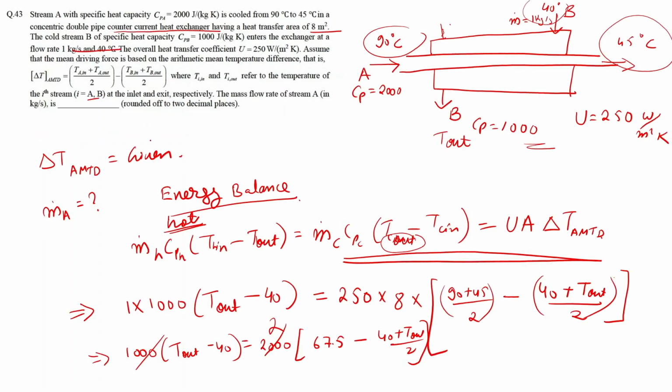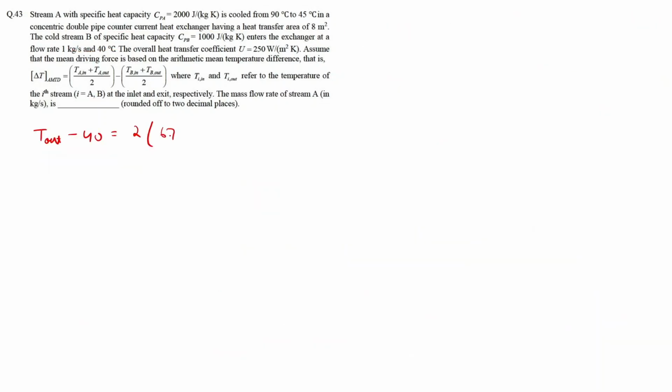So we can solve this and we will get T out minus 40 is equal to 2 into 67.5 minus 40 plus T out, right?